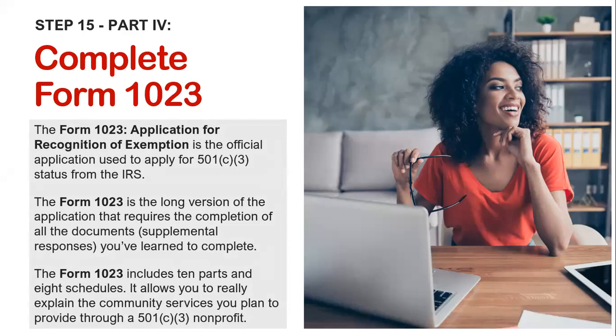The Form 1023 is the long version of the application that requires the completion of all the documents, which are called supplemental responses, you've learned to complete thus far. The Form 1023 includes 10 parts and 8 schedules. It allows you to really explain the community services you plan to provide through a 501c3 nonprofit organization.